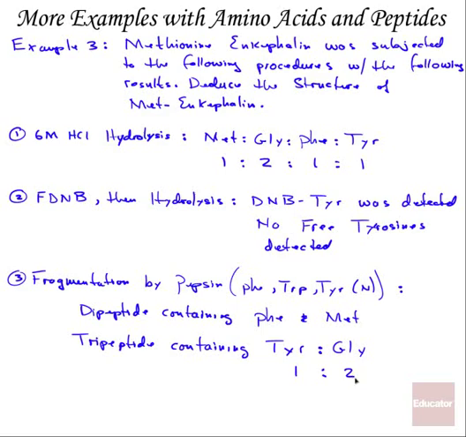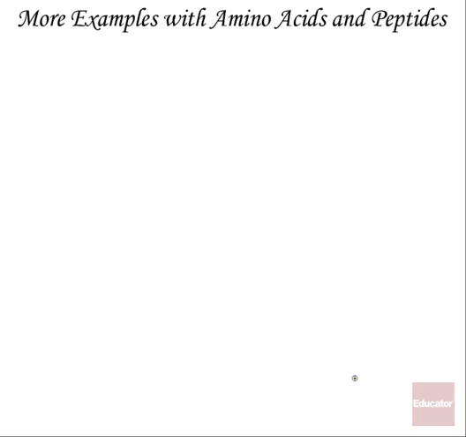So let me go ahead and go to the next page here. So let me see, our glycine is the one that's 2. So I'm going to write the glycine first. So glycine to methionine to phenylalanine to tyrosine, that's going to be the 2 to 1 to 1 to 1.